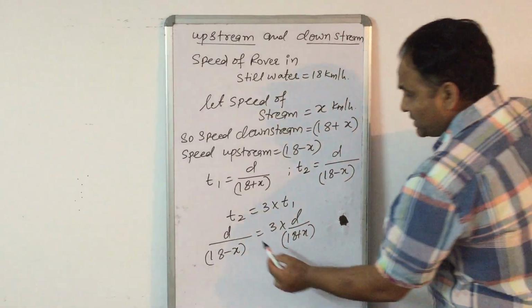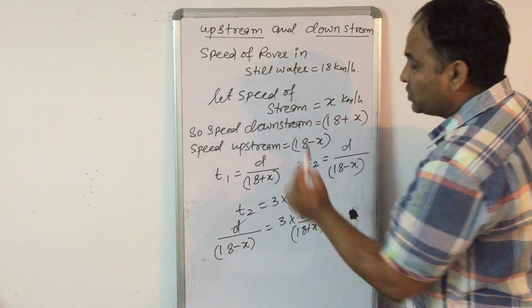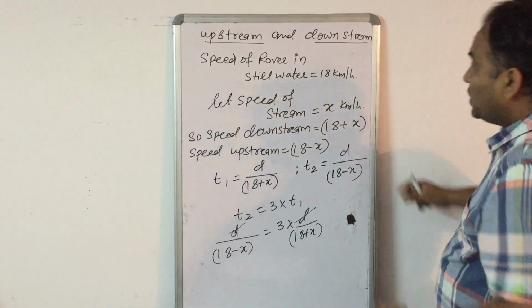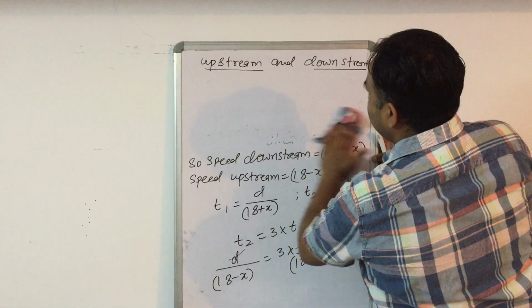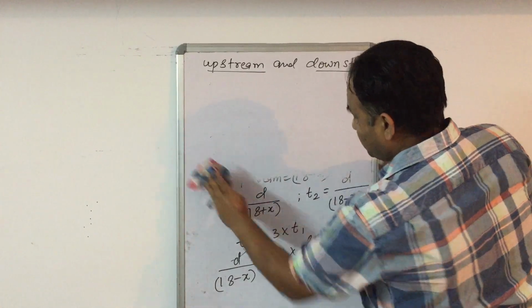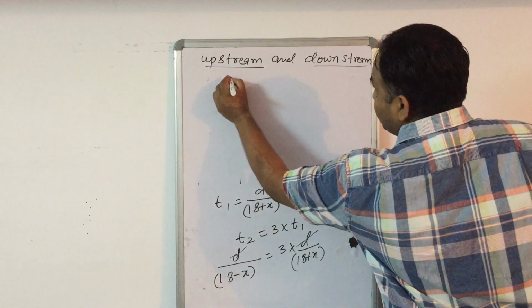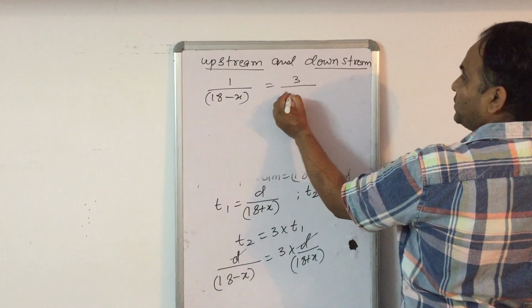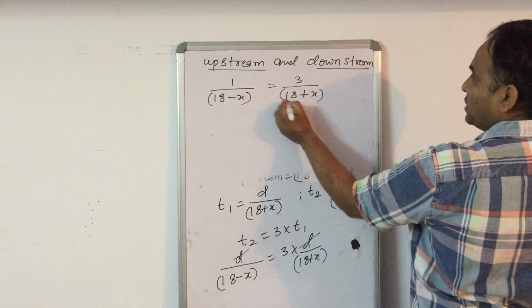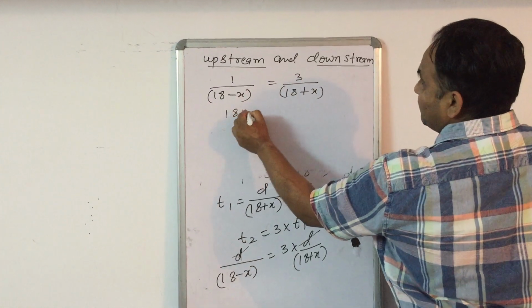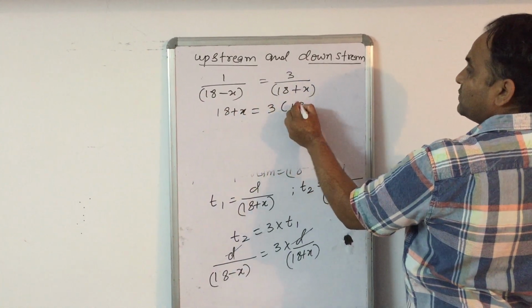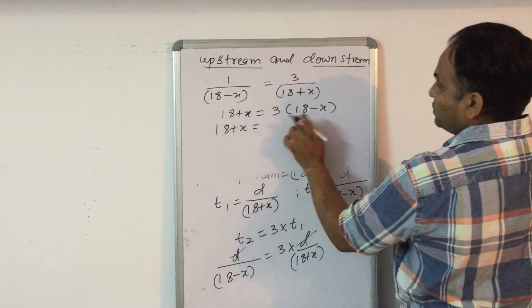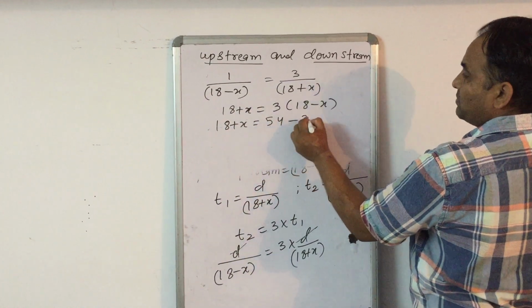Since the distance is the same, it will not play any role, so we cancel it. We have 1 upon 18 minus x equals 3 upon 18 plus x. Cross multiplying gives 18 plus x is equal to 3 times 18 minus x, that is, 54 minus 3x.